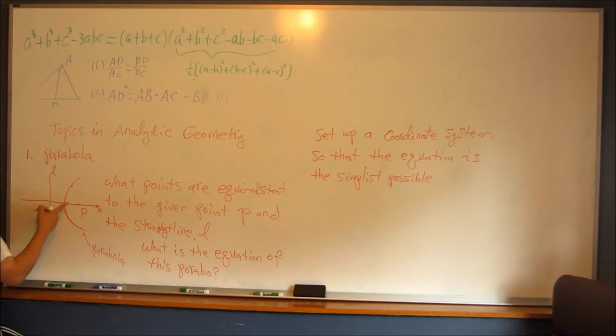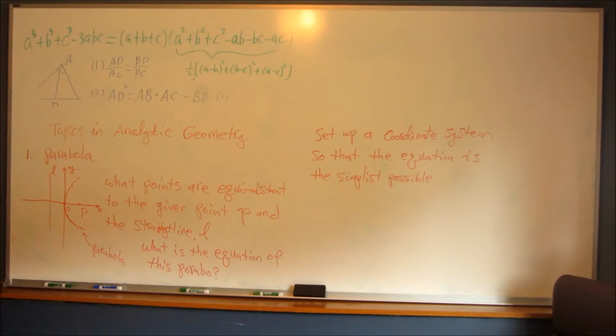We can pick the middle point, because this middle point is equidistant to the point and to the line. So we draw a vertical line through it. Now we have an XY coordinate system with origin O.